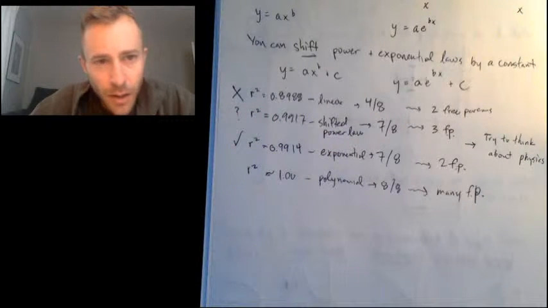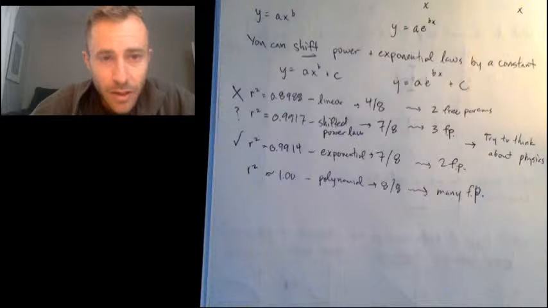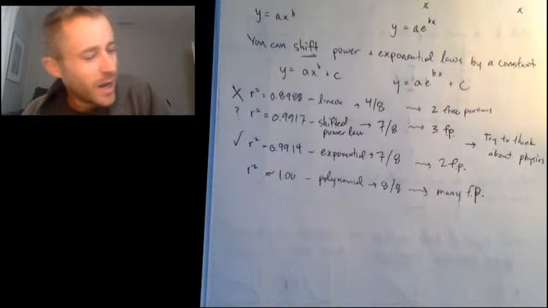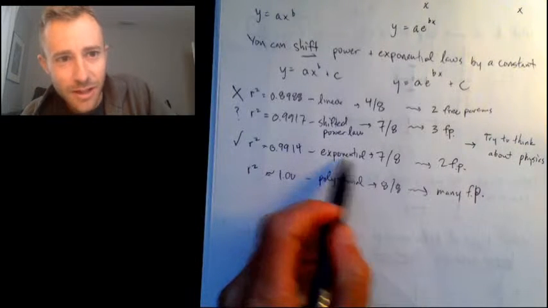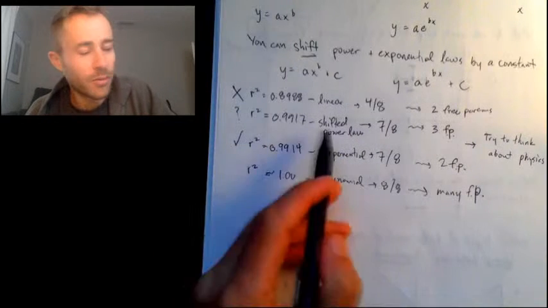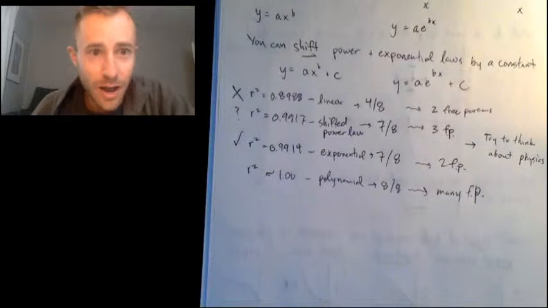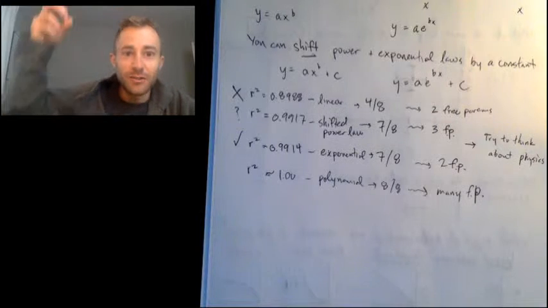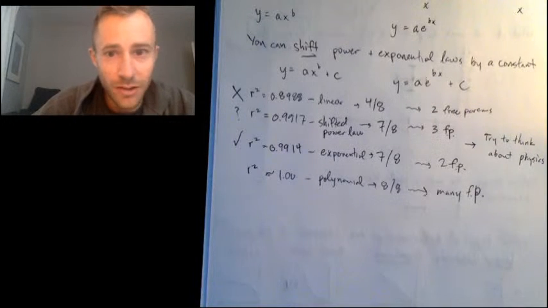So for example, in kinematics, we haven't had anything e to the x in kinematics. So if this was data from kinematics, I would probably go with the shifted power law, because we have 1/2 at squared. We have power laws in kinematics.